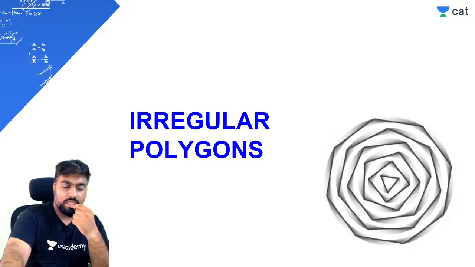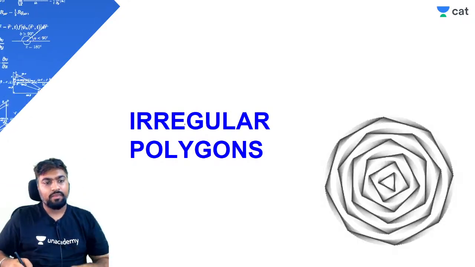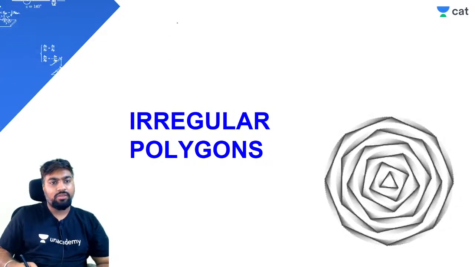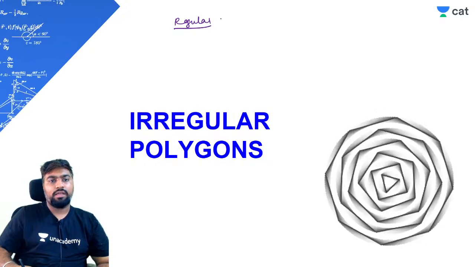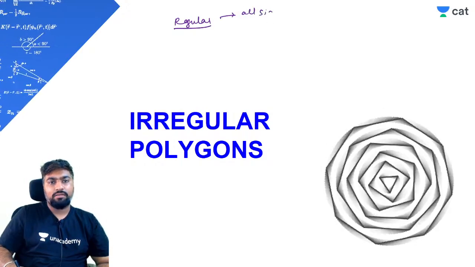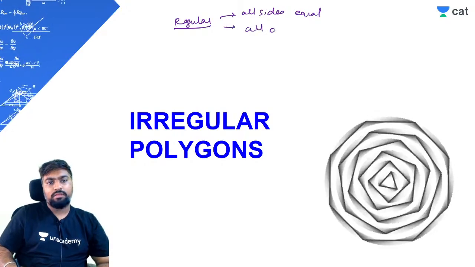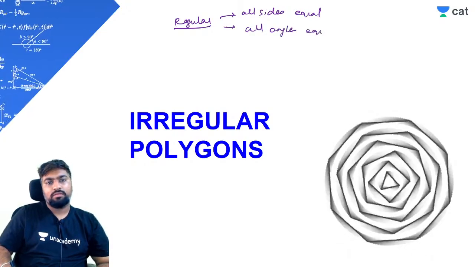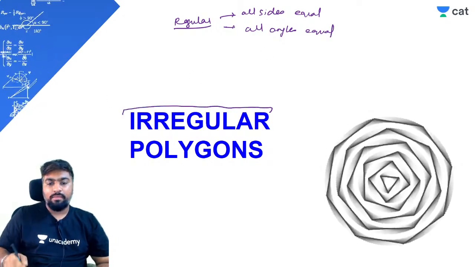Now let's go to irregular polygons. What's an irregular polygon? It is clear that a regular polygon has all sides equal and all angles equal, while in an irregular polygon they may not be equal.